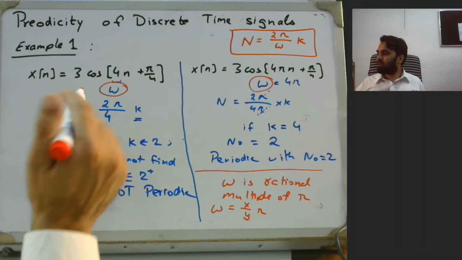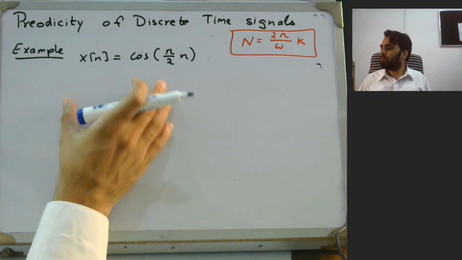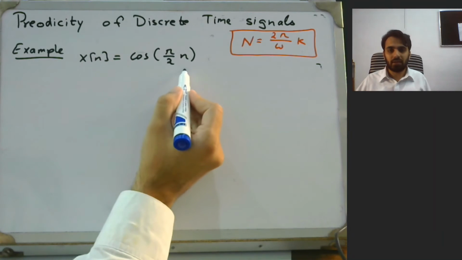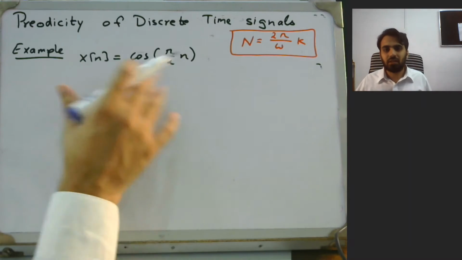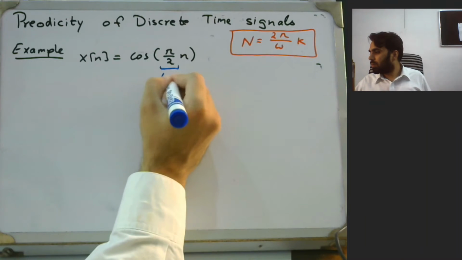Or simply, if you don't find a pi in a discrete time signal, this means that the signal is not periodic. So in this example, again, we have a very simple sinusoidal function, that is cos pi by 2 n, right? And we are interested in analyzing this signal further. So let us say this is our omega.